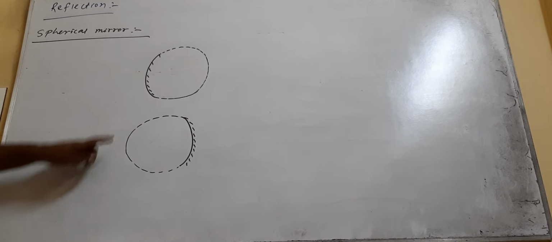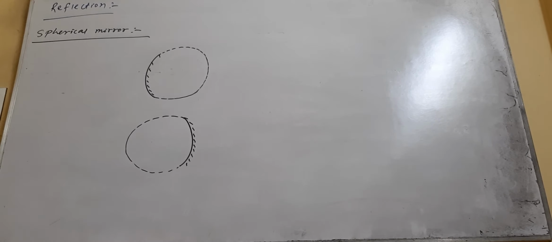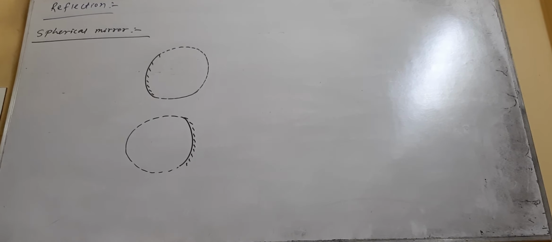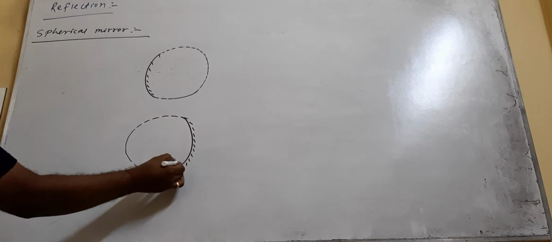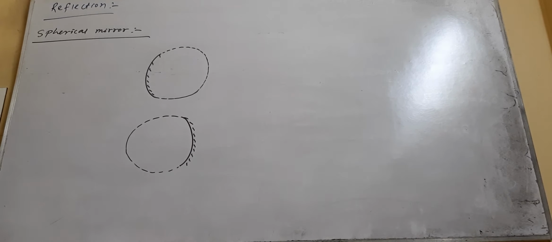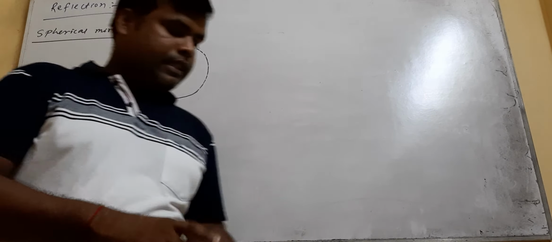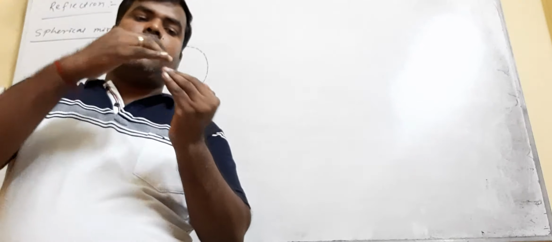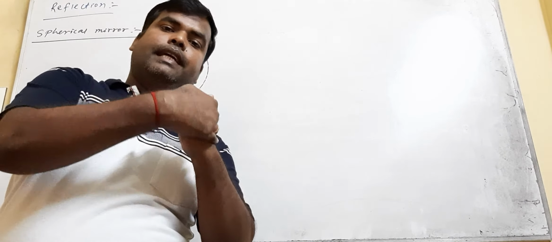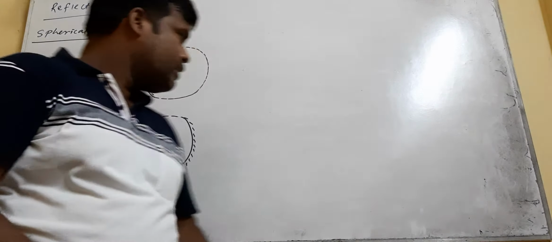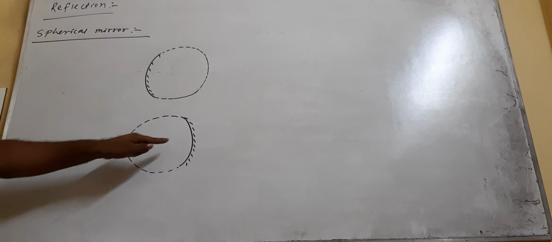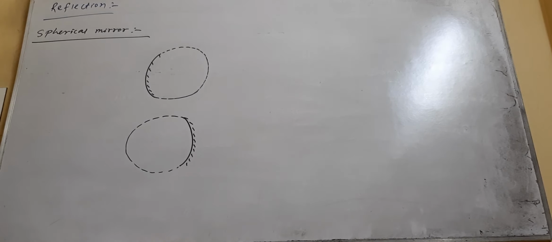Now you see this mirror and this mirror. Here the reflecting side is convex. Here the reflecting side is concave. You remember, this depressed side is concave and this elevated side is convex. So here it is called a convex mirror and this is a concave mirror.